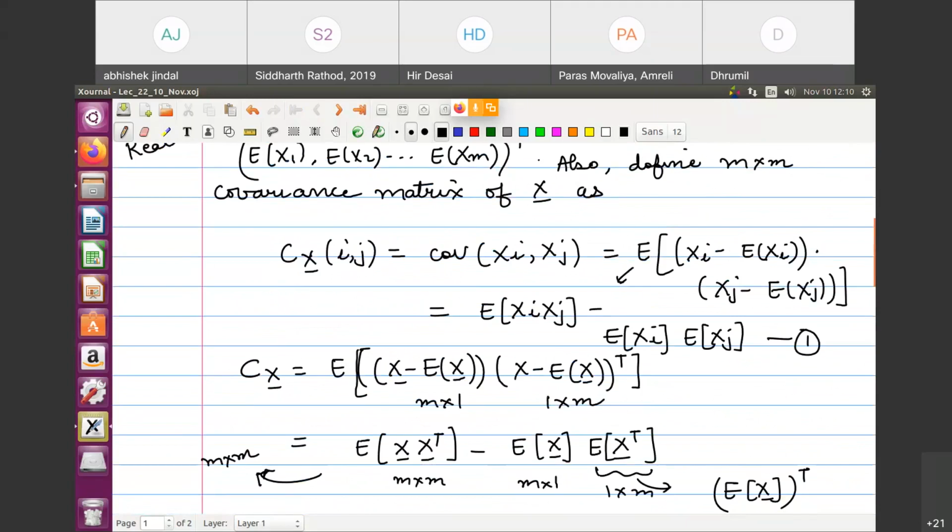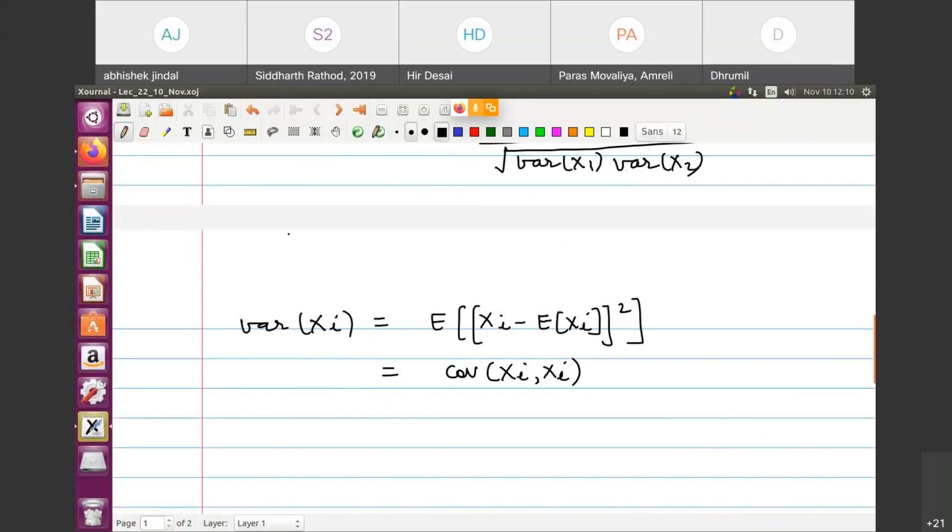If you put j as i, this becomes a square. So the variance is nothing but the second moment of this scaled, zero mean random variable. Because we have taken the random variable and subtracted the mean, this new random variable will have zero mean, and the second moment of this zero mean random variable is the variance. So this can be easily written like this.